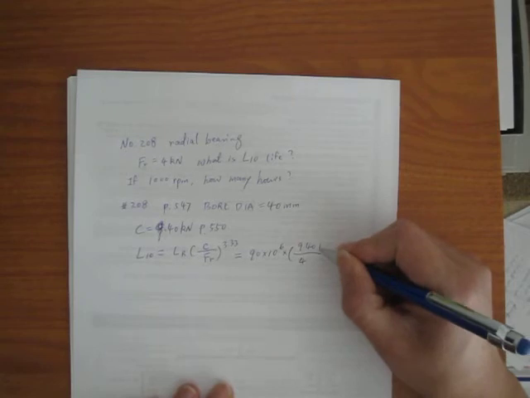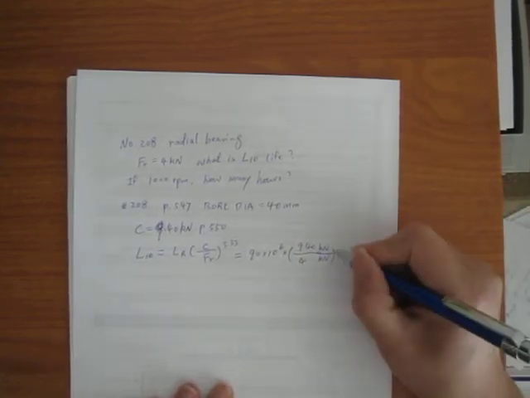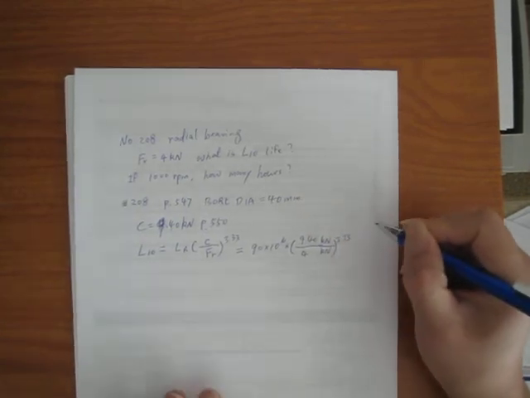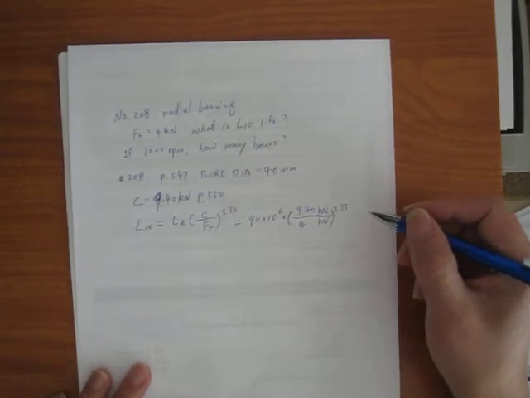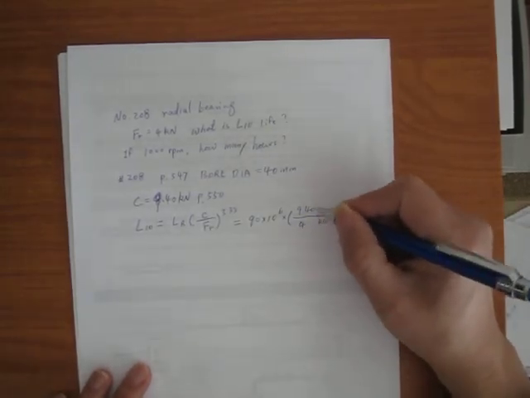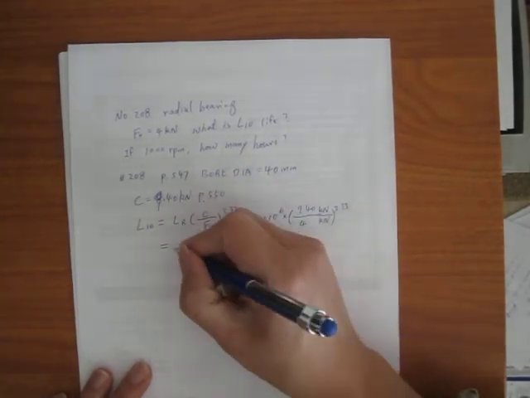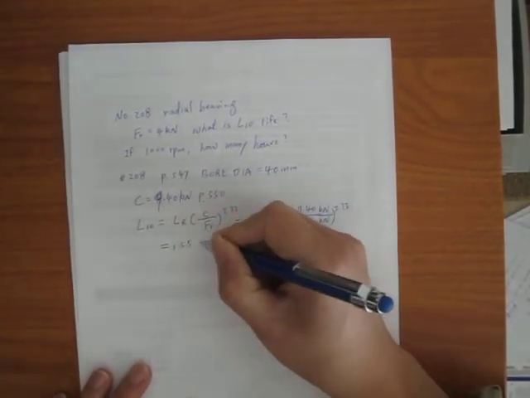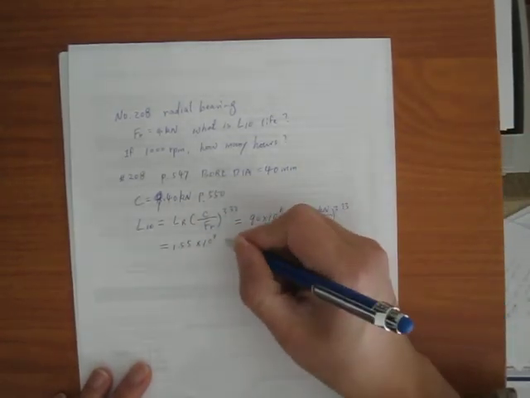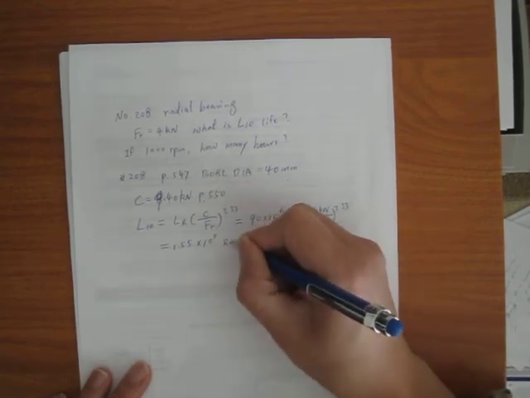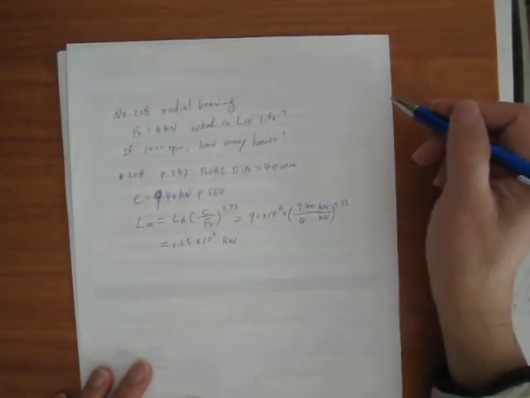The kilonewtons cancel out, so make sure the units are the same. Then use your calculator, do the calculations carefully, and you'll find the number is 1.55 times 10 to the 9th revolutions, or cycles. That's the L10 life.